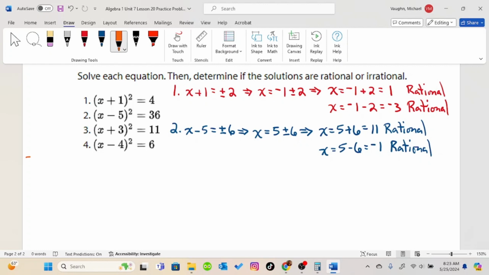Number 3. We're going to take the square root of both sides. So we have x plus 3 equals plus or minus the square root of 11. To get x by itself, we're going to subtract 3 from both sides.